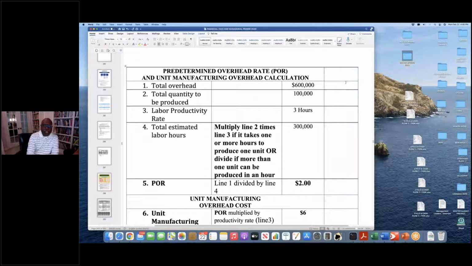So we have the same cost and the same quantity to be produced. But suppose we could make 10 per hour.